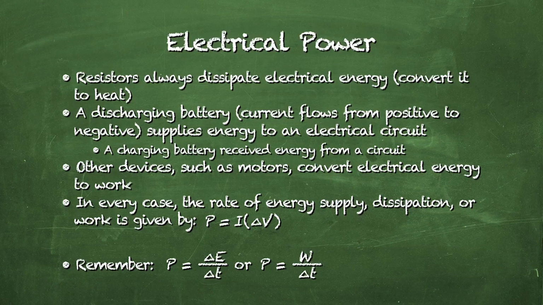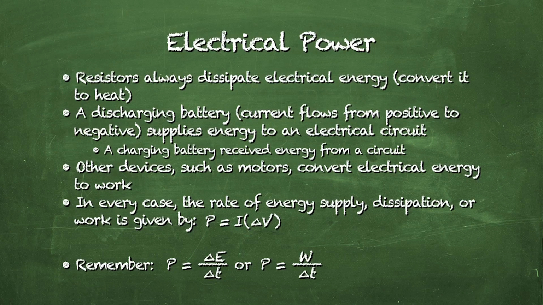In every case, the rate of energy supply, dissipation, or work, meaning the joules of energy supplied or the joules of heat created or the joules of work done per second, the rate, energy over time, is the power of the circuit, and power is equal to current times the change in voltage.